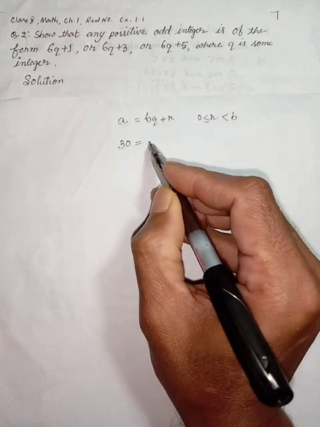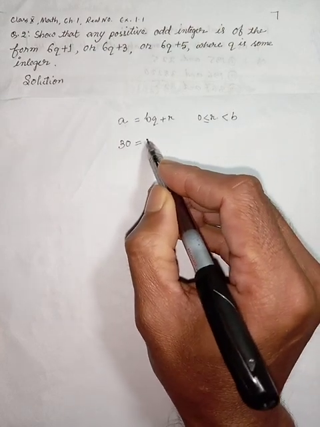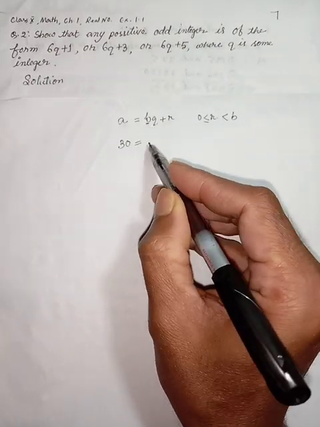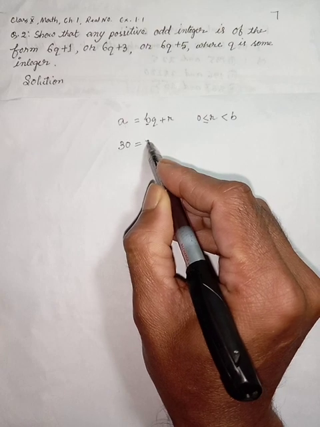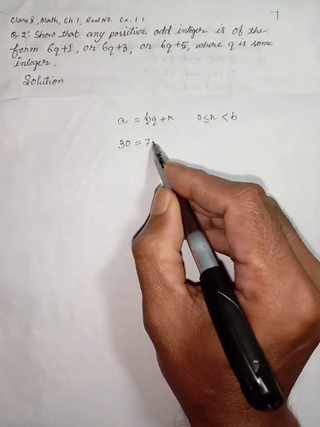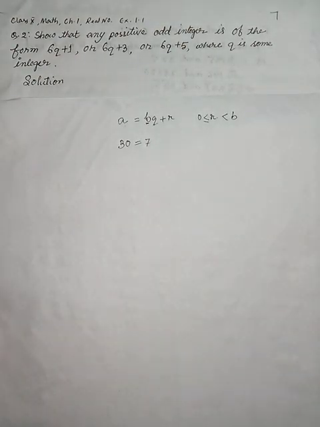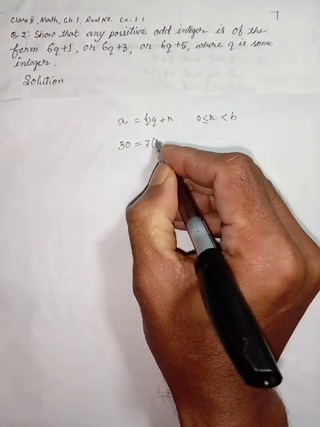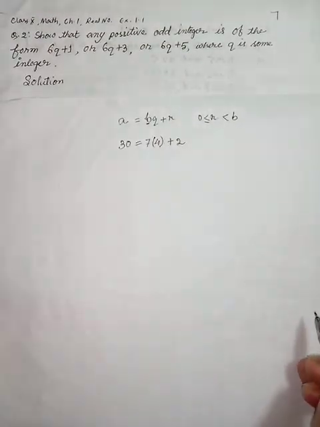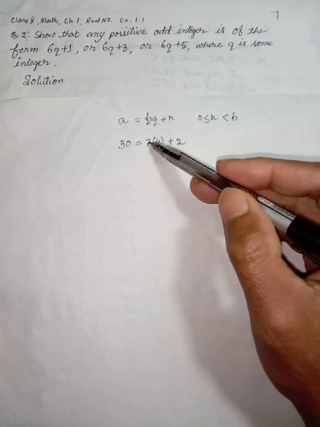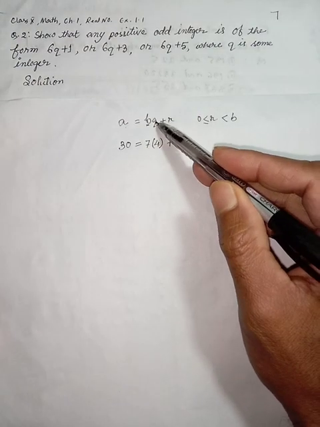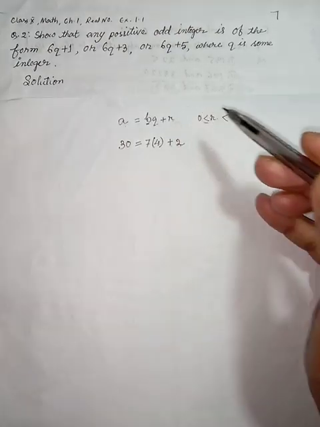It can be expressed with any divisor, where b is the divisor. Suppose the divisor is 7. So you can express it as 7 times 4 is 28, plus 2. 7 represents b, 4 represents q, plus 2 represents r.